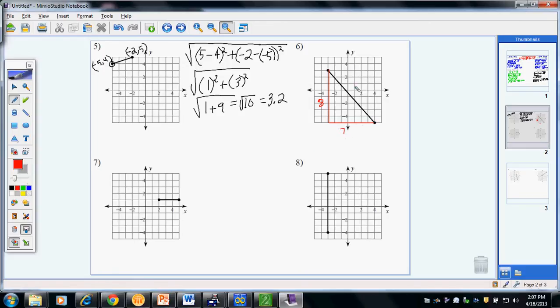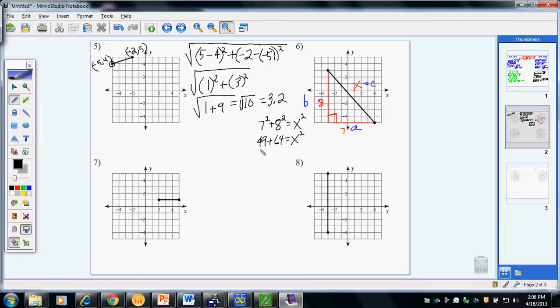Okay, so if we're looking for this side right here, and we know this forms a right triangle, then using the Pythagorean theorem, we say that this is our C, this is our A, this is our B. So we can plug that into our formula for the Pythagorean theorem we know to be 7 squared plus 8 squared equals x squared. So 7 squared is 49 plus 8 squared is 64 equals x squared.